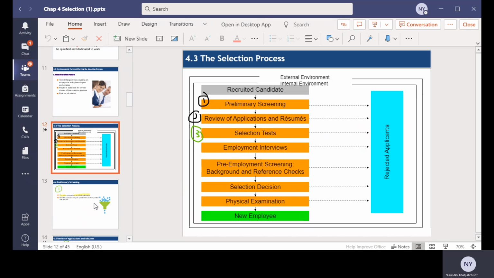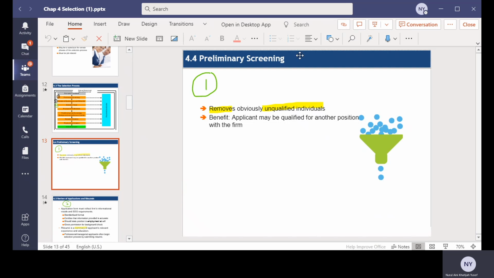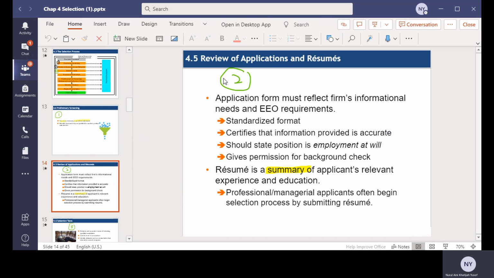Okay, so during the tutorial classes also I have explained the steps. The steps, as I mentioned, start from preliminary screening. Those who are successful, whose qualification seems to fit with the position, will go to the second step, which is reviewing the application form and resume.